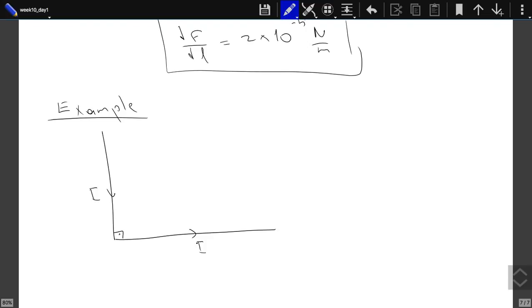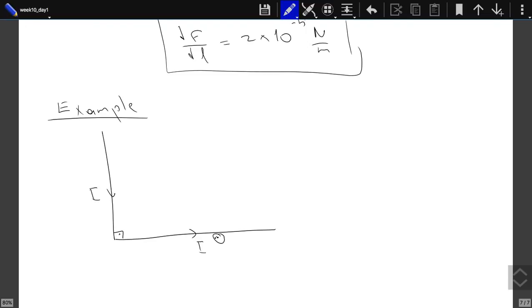Well, this is the direction of the current. Wrap your fingers around, so your fingers are pointing outside. So at this point, the magnetic field will be outside. Of course, this is the magnetic field created by this part of the wire. Now, what is the direction of the force acting on this wire?